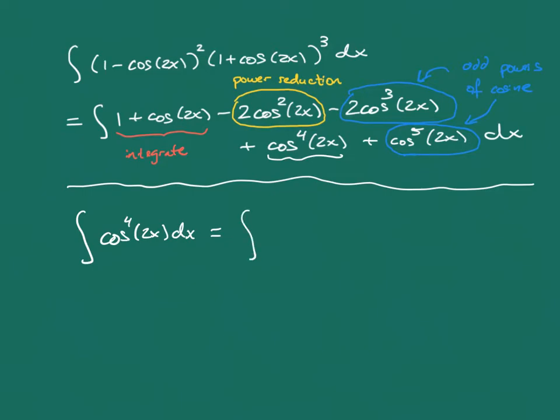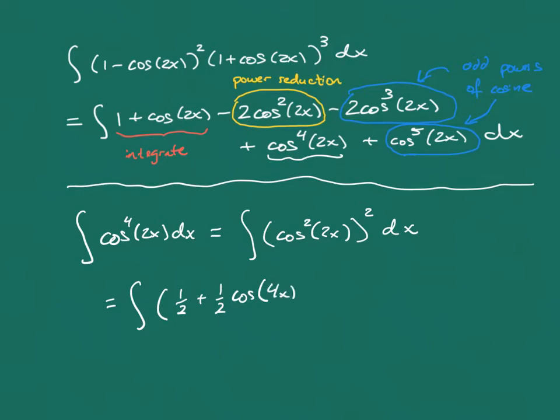Well, we're seeing this as cosine squared of 2x squared dx. And what happens from that? Well, we do our power reduction formula. So this gives us a 1/2 plus a 1/2 cosine of 4x raised to the second power dx.